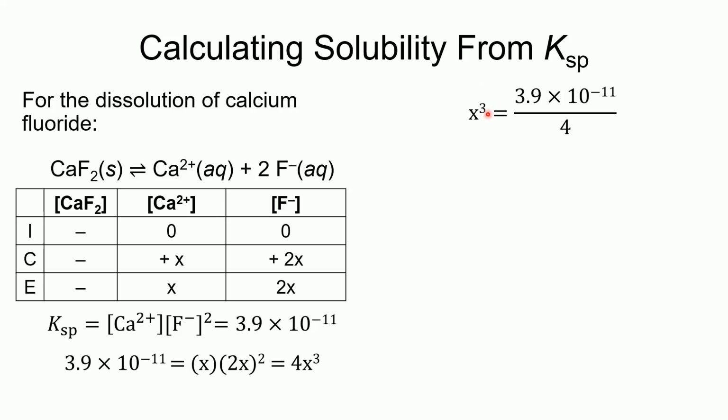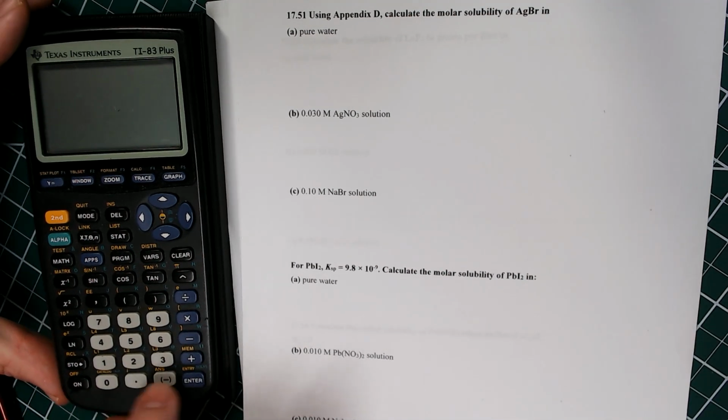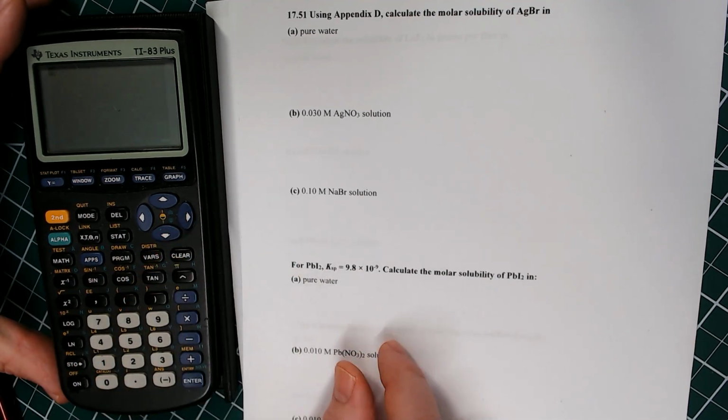So x cubed is equal to that quantity, which you could punch into your calculator. To take the cube root on your calculator, there are a couple of different approaches, and I'm going to show you real quick how you do it on this particular calculator. Let me clear that out.